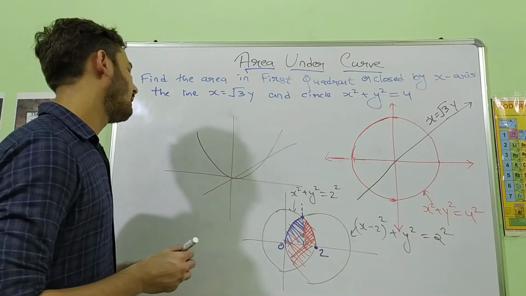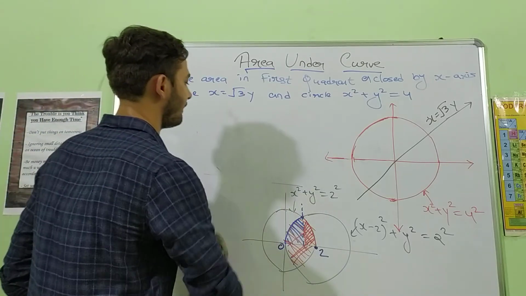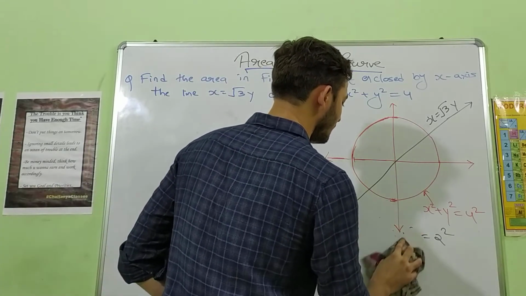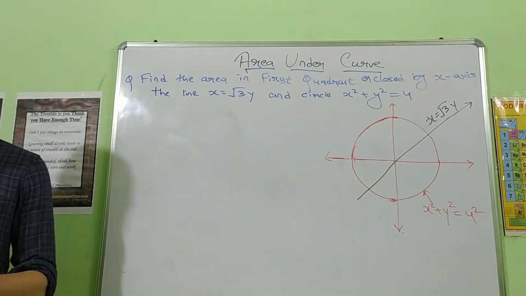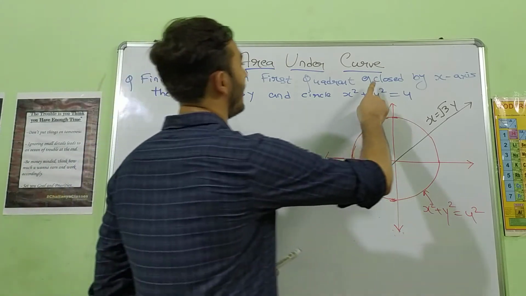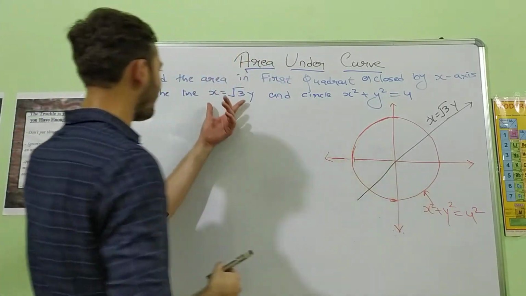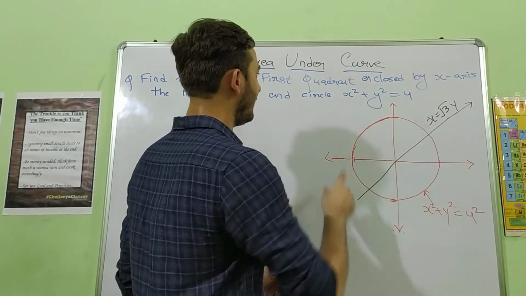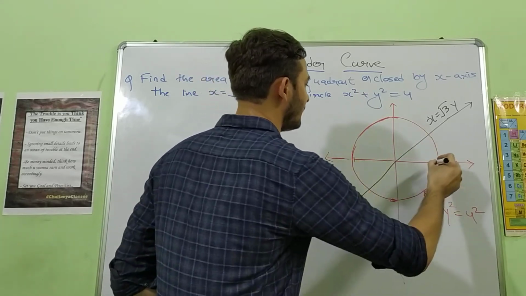Now let's consider one example which I have written on the board. What you have to do is find the area in the first quadrant only, enclosed by the x-axis, the line x equal to root 3 y, and the circle x square plus y square equal to 4. The line x equal to root 3 y is a line passing through the origin.